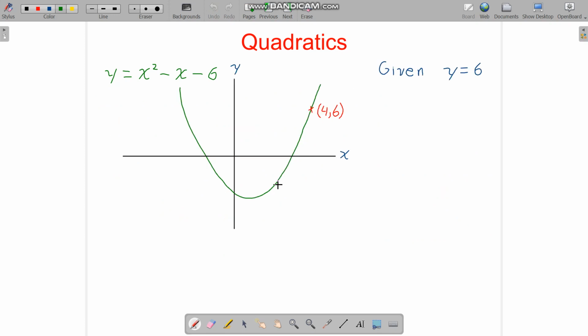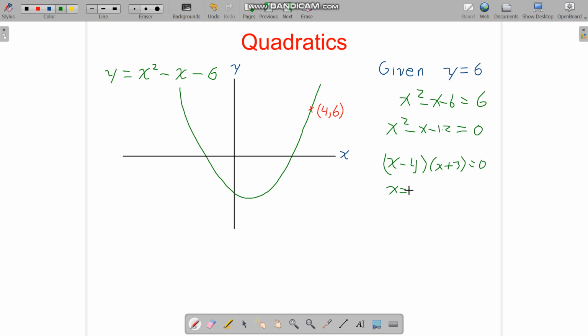If you know the y value, you can find the x value. So if y equals 6, x squared minus x minus 6 is equal to 6. If you rearrange, you get x squared minus x minus 12 equals 0. This is a quadratic equation. You can solve using the quadratic formula, factoring, or completing the square. And here you get x minus 4, x plus 3 equals 0.